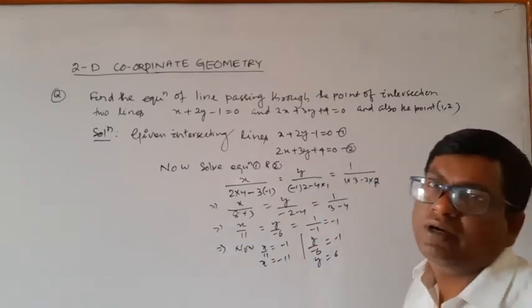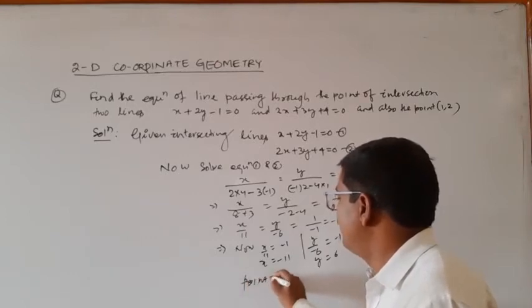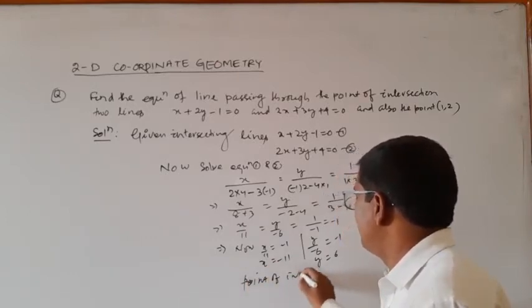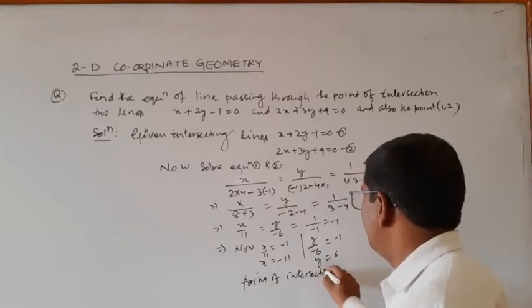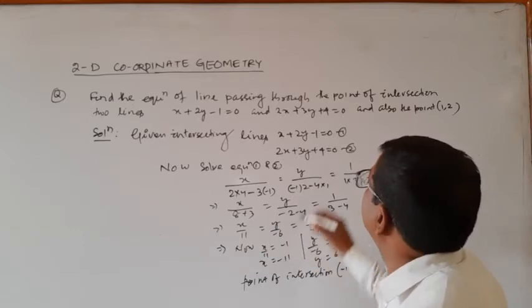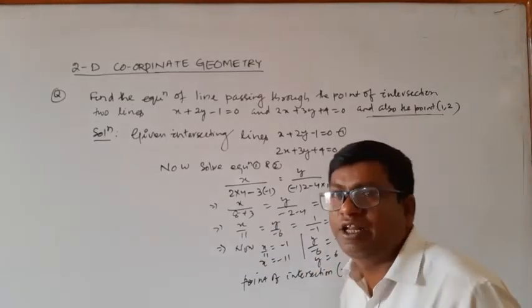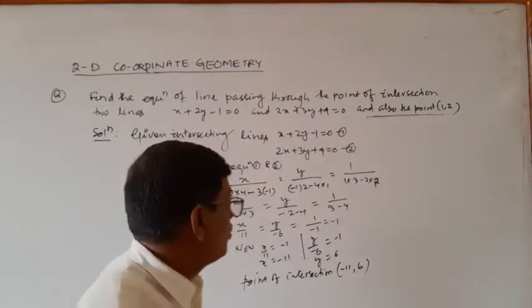Therefore the point of intersection is minus 11 comma 6. The required line also passes through the given point.